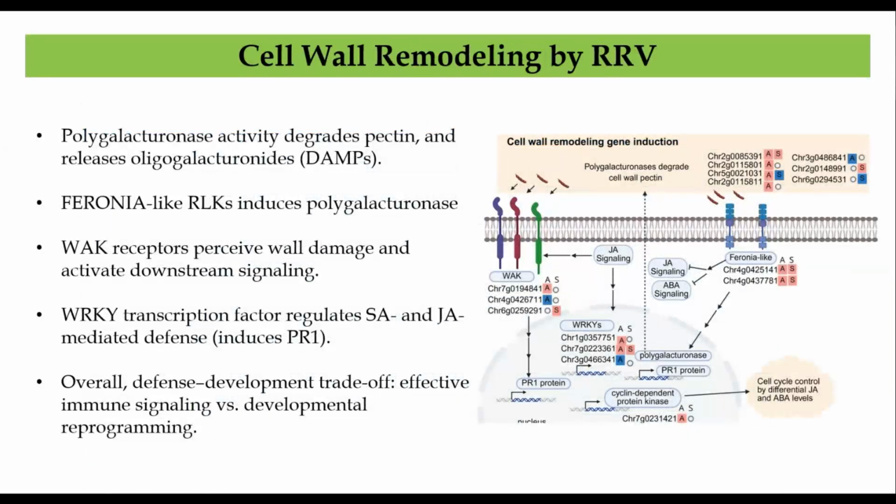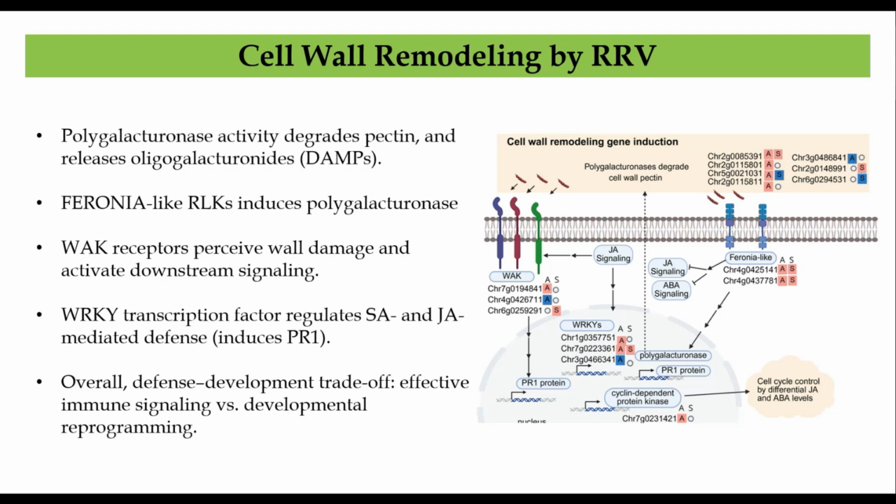So we wanted to picture how defense and development are going on upon Rosette virus infection. This model shows cell wall remodeling by Rosette virus. We have a receptor-like kinase, which is Feronia.